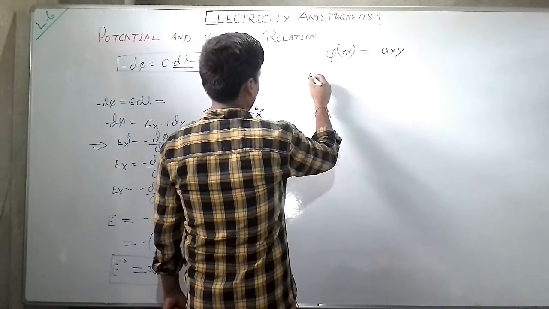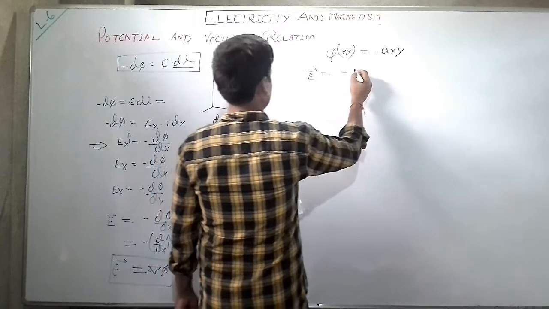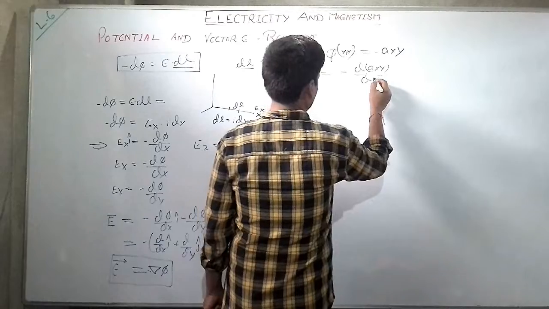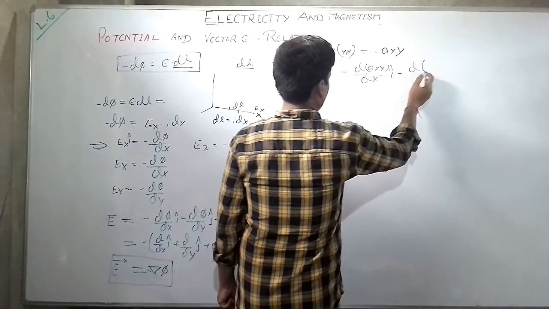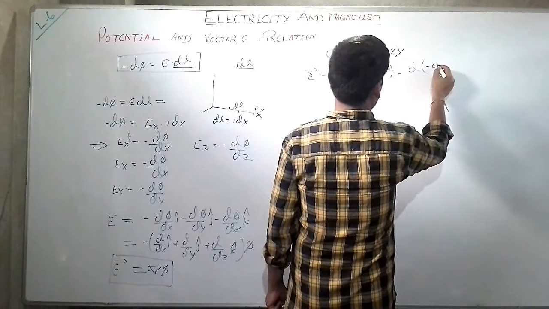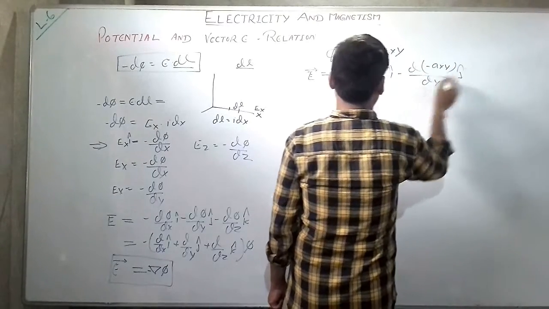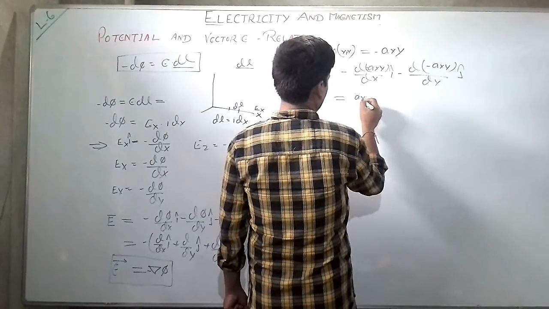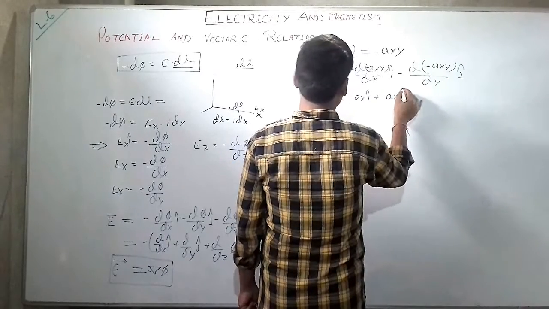E equal to minus d(minus axy) by dx i minus d(minus axy) by dy j, which is ay i plus ax j.